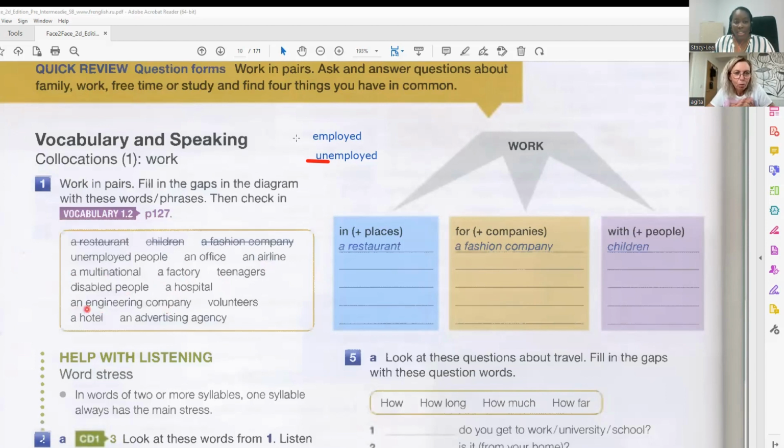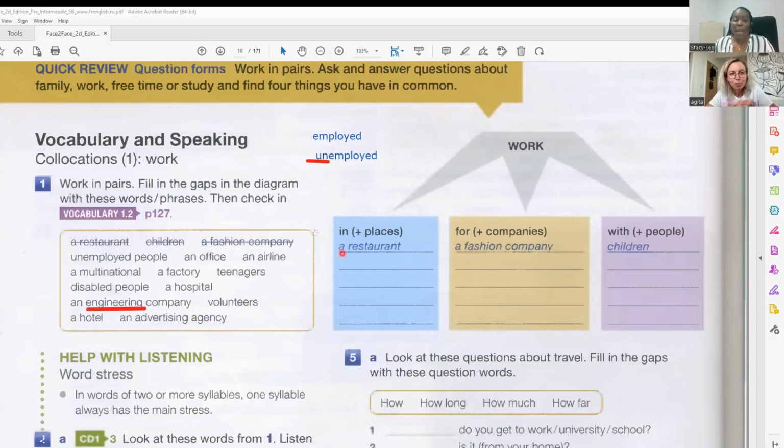So this word is engineering. Engineering company. Very good. So a company that works on building stuff like bridges. Volunteers. Good. A hotel. Advertising agency. Very good. So you did very well. Good job, Agatha.